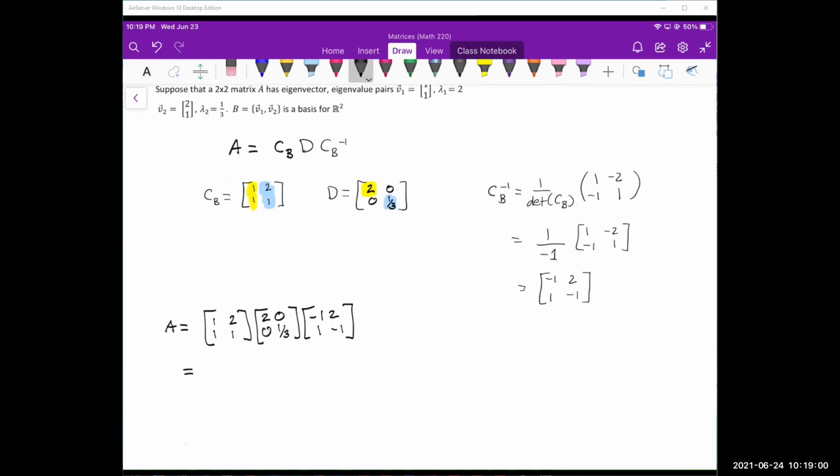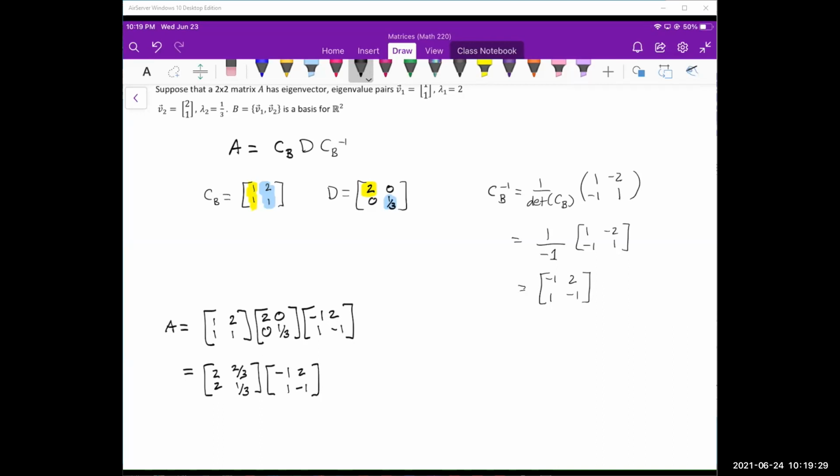Okay, so we're going to multiply. We have 2 times the first column. So we've got 2, 2. And we have 1/3 times the second column. So we have 2/3, 1/3. Times negative 1, 2, 1, negative 1.